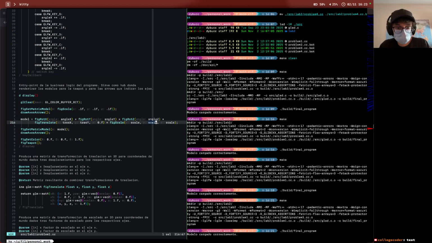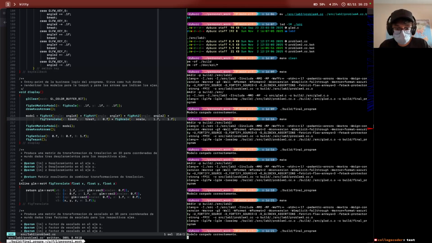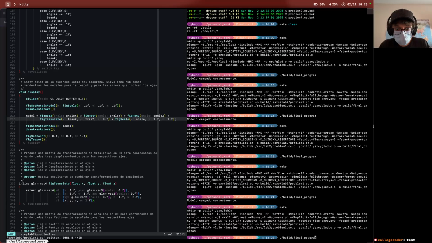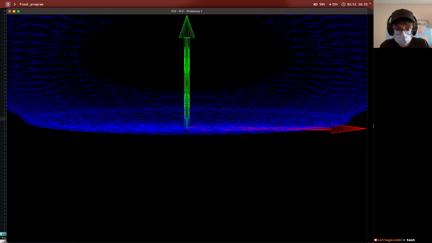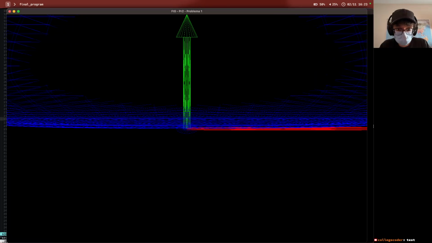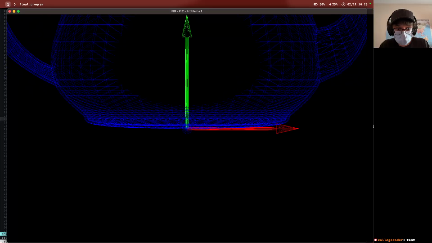So maybe that's the reason why, or not. If you only apply it to the z-axis, you end up with this.